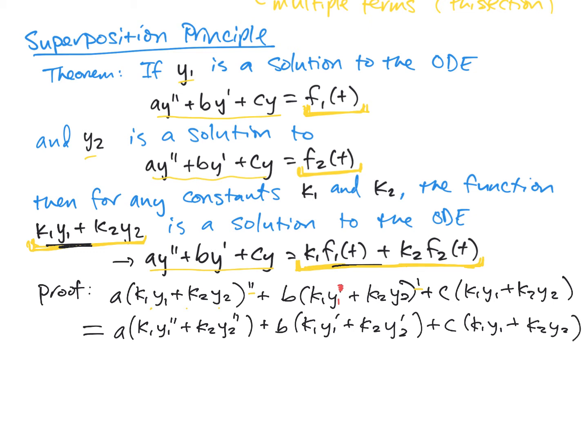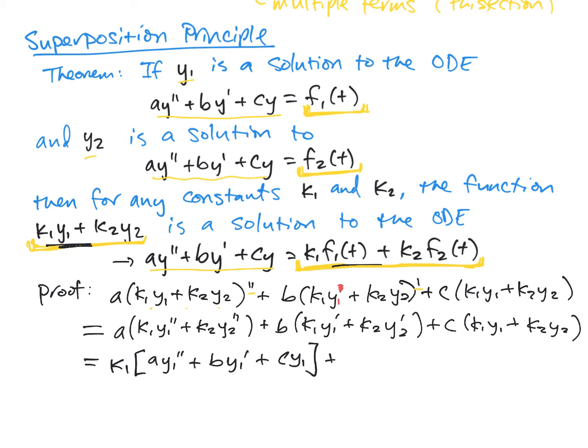And so now we can split this out into basically a left-hand side for each of the y's. So we can pull the k1 out and we get a y1 double prime plus b y1 prime plus c y1.